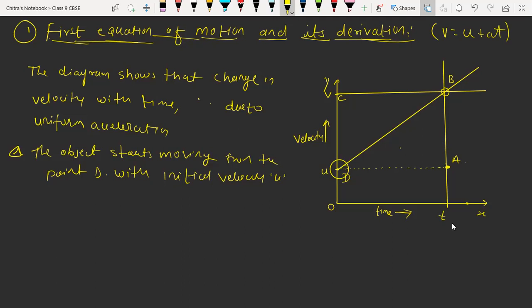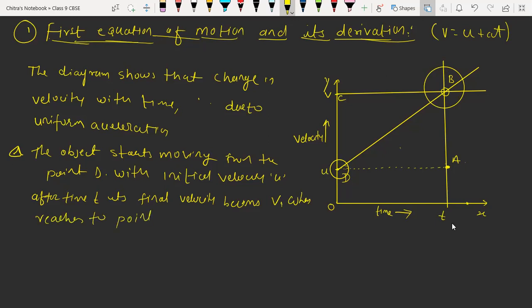After time t, its final velocity becomes v, when it reaches point B.